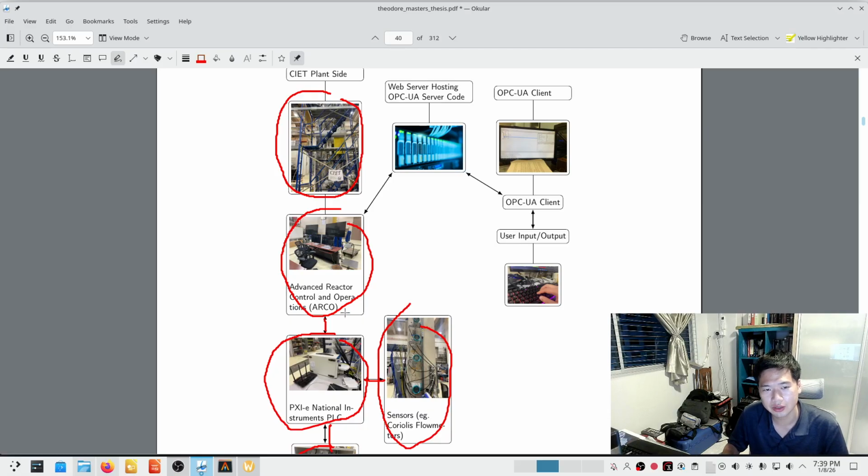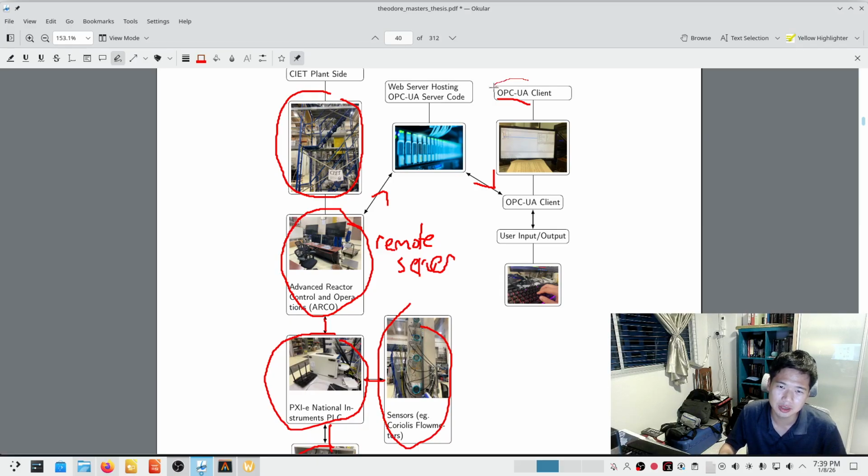Now, if you want to control it remotely, and that was part of the research done in my lab before, this is like a remote server, and it will send its information to a client using the OPC UA protocol.